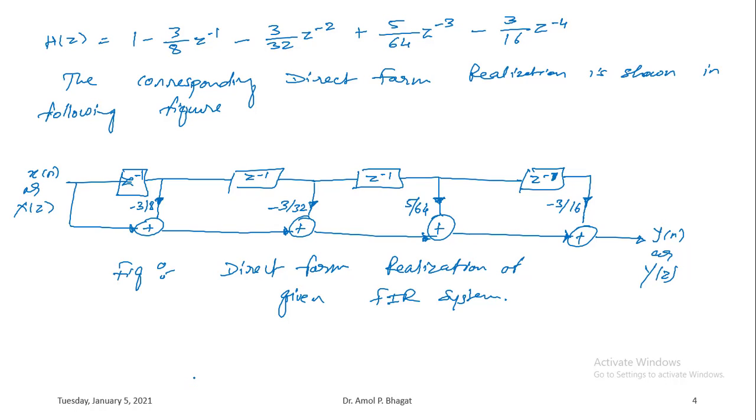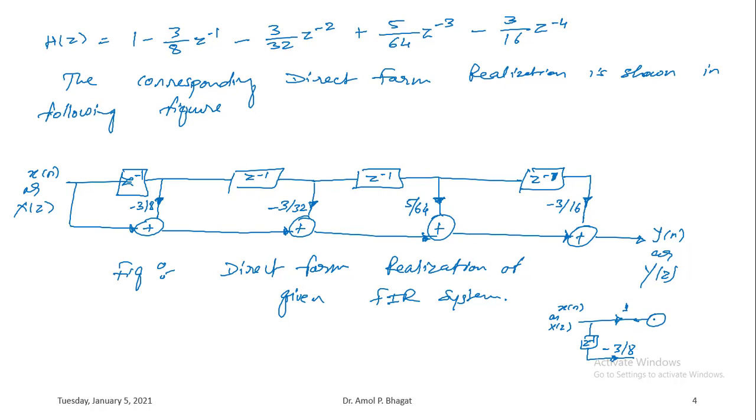Okay, likewise you can obtain it, correct? Just for your convenience, I will just draw the initial x of n or x of z, right? So here you can indicate this first term 1, then there is a delay element, right? Then this is multiplied with this minus 3 by 8.